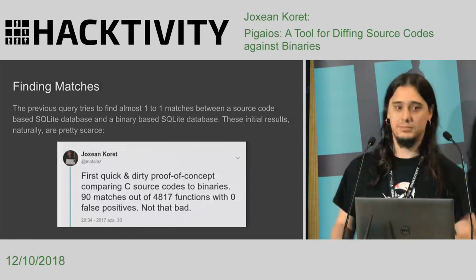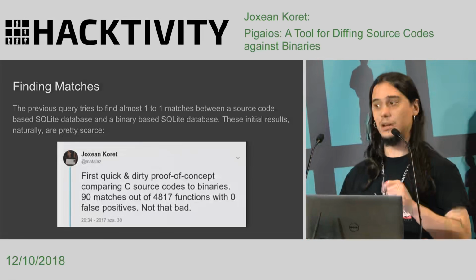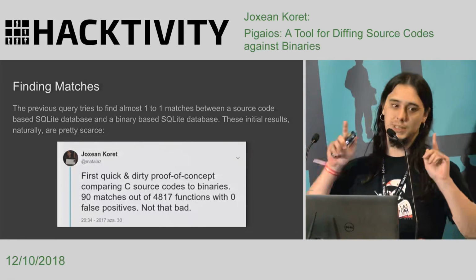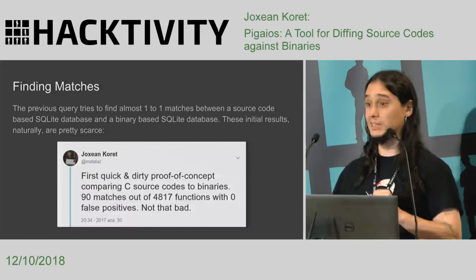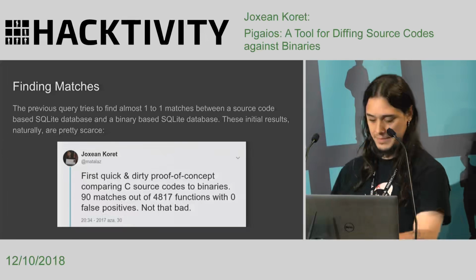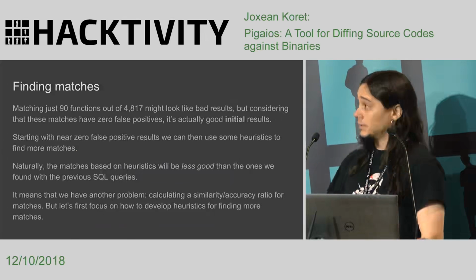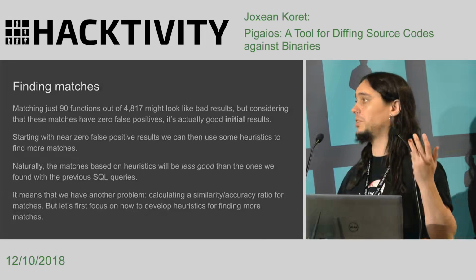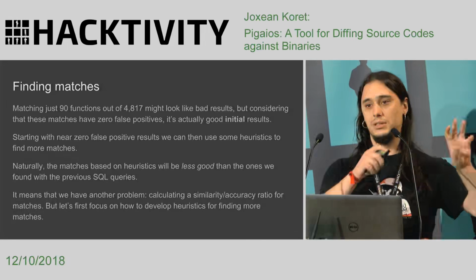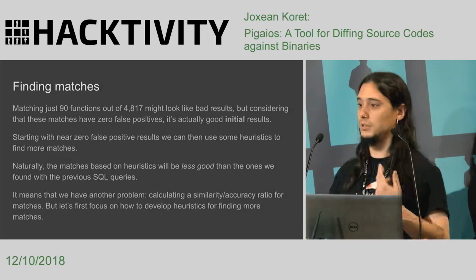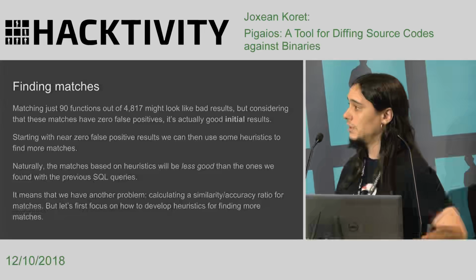It might look pretty bad, but actually it's not, because those initial results had 0 false positives, which is a pretty nice start, and from that I can continue digging. So as I said, when you have near 0 false positives, we can use these initial results and then apply some heuristics to find more things.